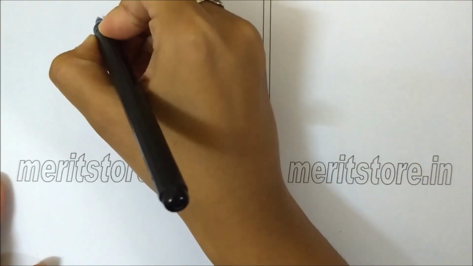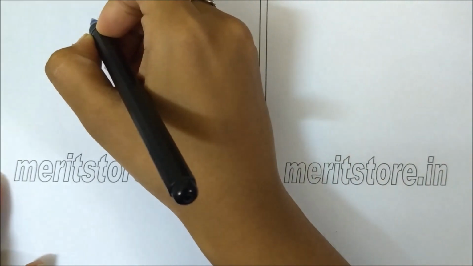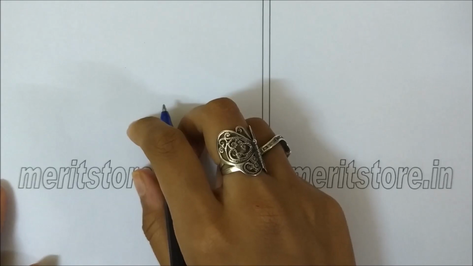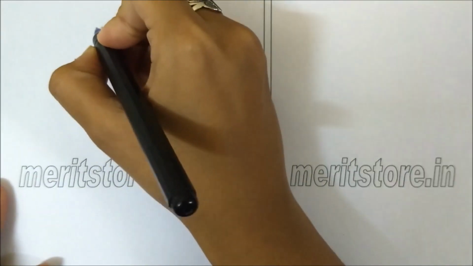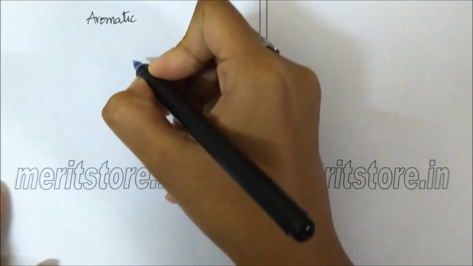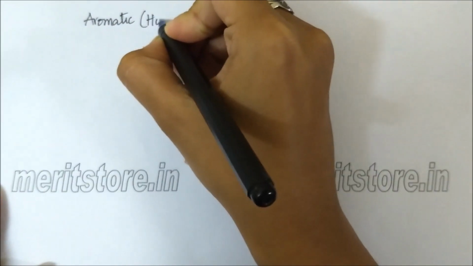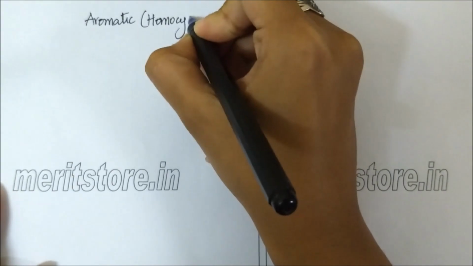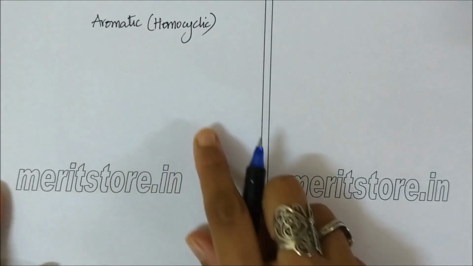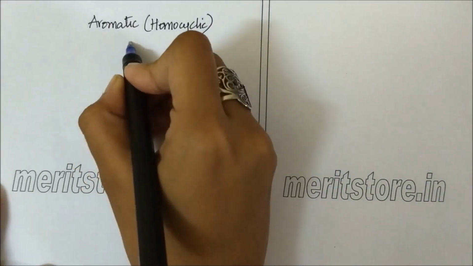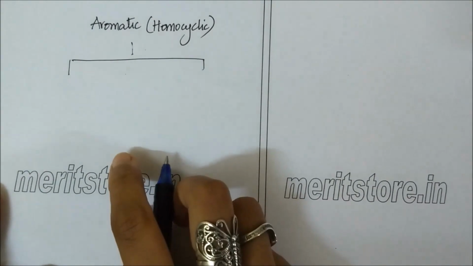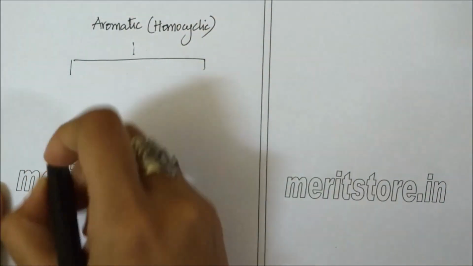Now, aromatic compounds are further classified into benzenoid and non-benzenoid compounds. So let us first look at aromatic compounds which are homocyclic. Aromatic homocyclic compounds can further be classified into benzenoid and non-benzenoid.